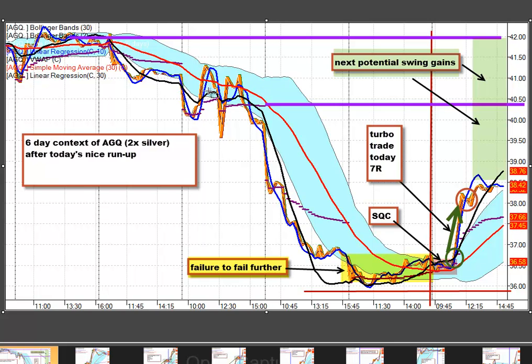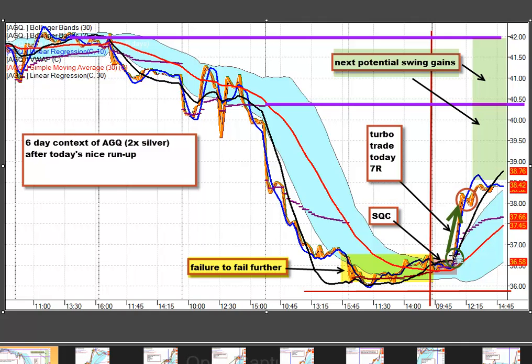I really see this area around 41 as a pretty strong resistance area, so I'd almost be surprised if it got to 42. We had a harsh sell-off, and then yesterday was a failure to fall further. The sideways quiet channel continued, and then we're going to look at the breakout here at 36.80-ish. I'm willing to take this as a swing trade, and I actually got an entry at 36.70.